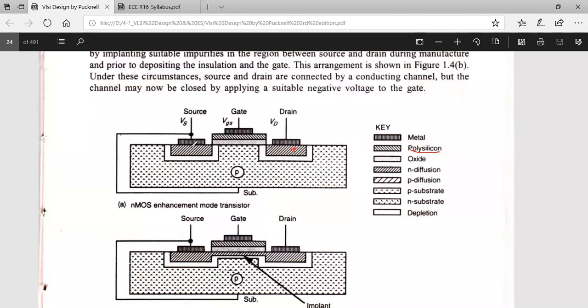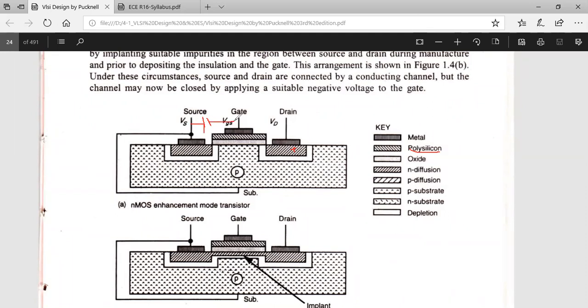Now when we go to the operation of this NMOS enhancement mode transistor, I will be taking the help of a battery, you can say.